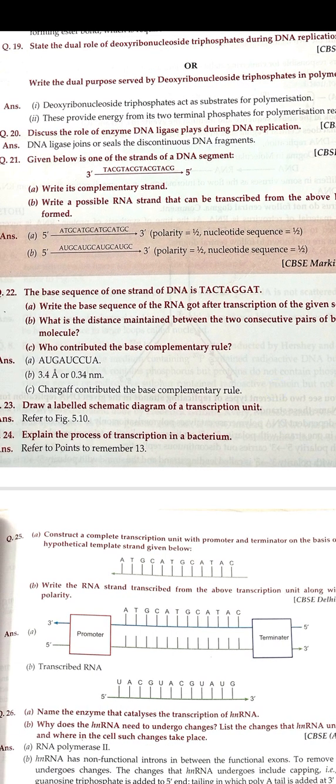And question C, who contributed the base complementarity rule? So answer A is AUG followed by the RNA sequence. Answer B is 3.4 angstrom or 0.34 nanometer. Answer C is Chargaff contributed the base complementarity rule.